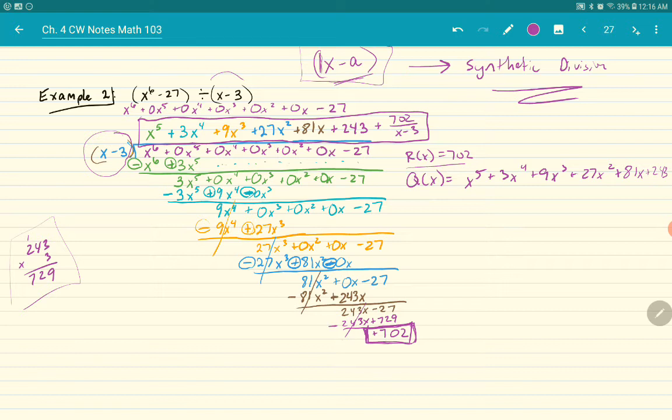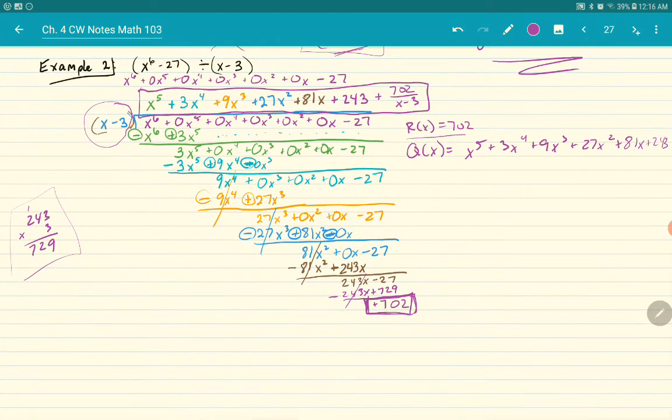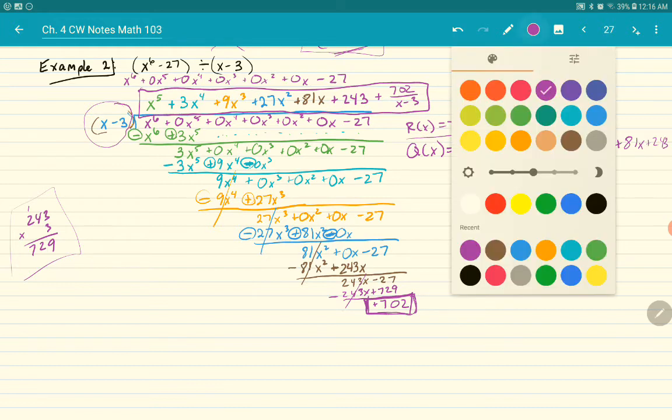So it's an abbreviated version of this long division. So let's do the same problem using synthetic division and see what we like better. So we did x minus 3 was our divisor. I'm going to write example 3 here.